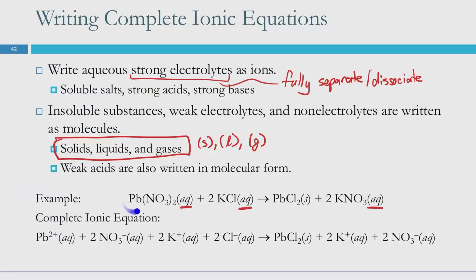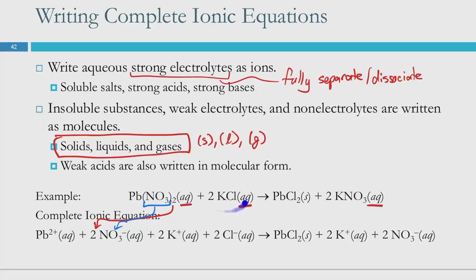So our lead 2 comes out as Pb2+. Our NO3, our nitrate, separates out into nitrates. Notice that in our complete ionic equation, the NO3 minus now has a 2 in front of it. That 2 in front of it is because we had a subscript of 2 in lead 2 nitrate. So those subscripts will come out in front.